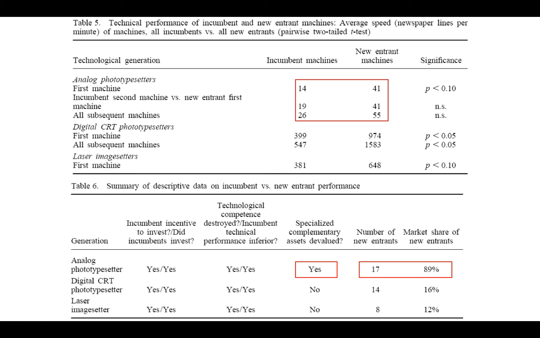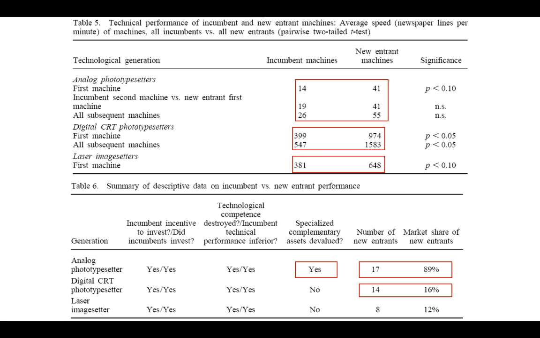Take a look at the next shift, from analog photo typesetters to digital typesetters. You see again how the incumbent machines perform much worse than the new entrant machines. However, in this case, you have 14 new entrants, but they only grab 16% of the market.